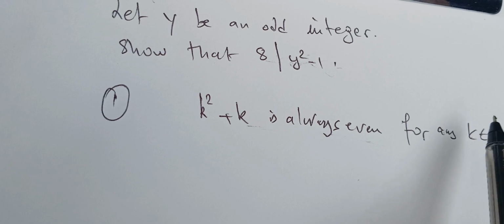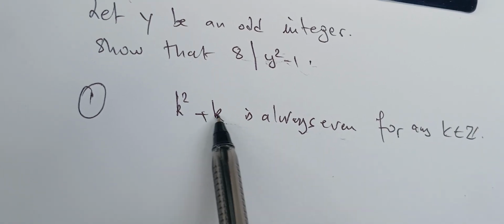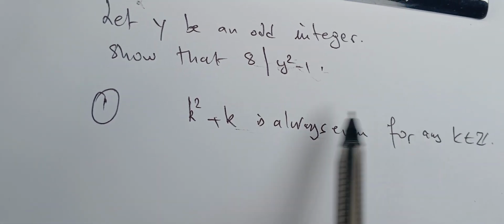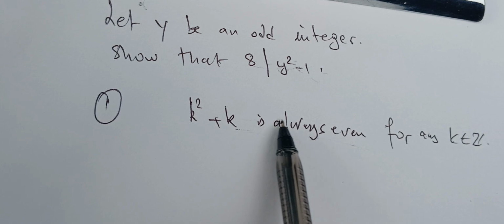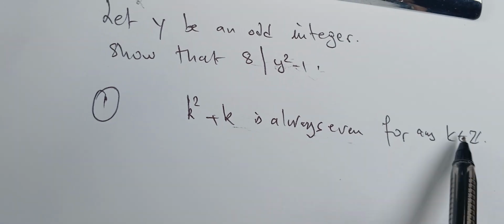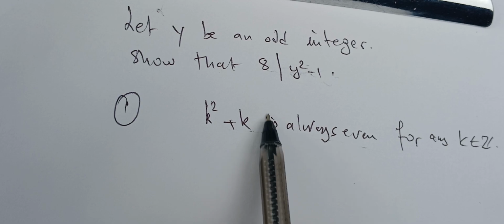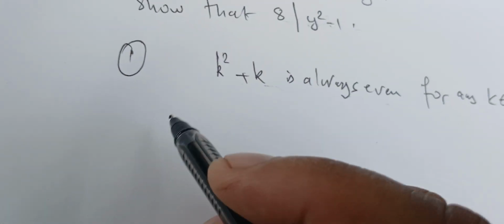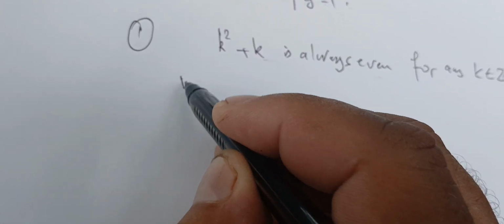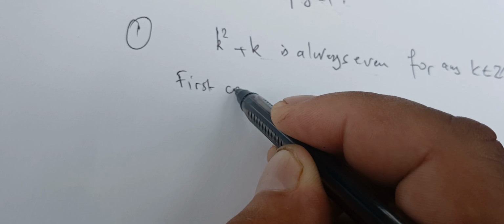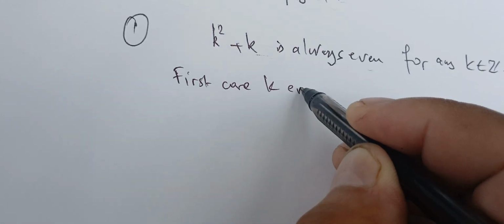The key idea here is that we want to prove that k squared plus k is always even for any integer k. So we have two cases here. The first case is that k is even.